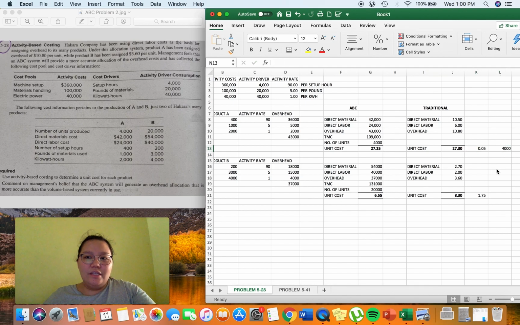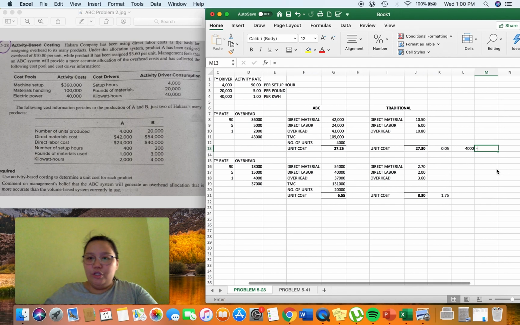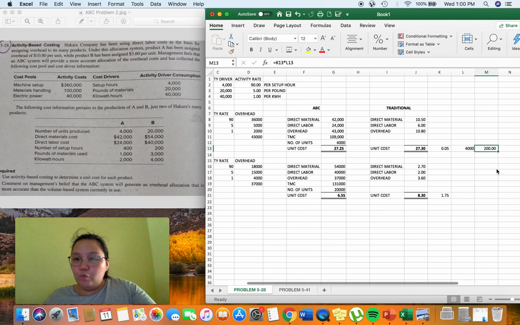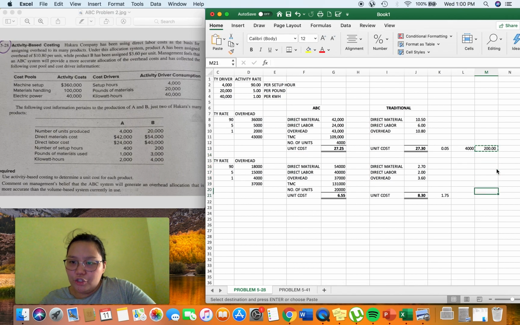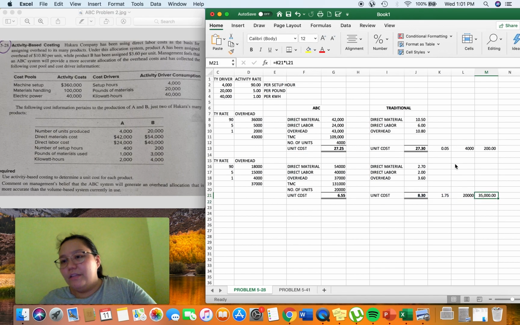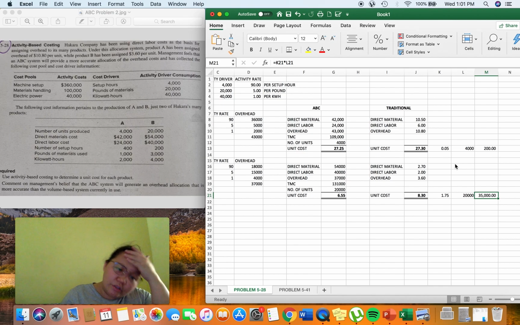The difference in the cost is only equal to 200 pesos. But since we are selling 20,000 units of product B, when you multiply 1.75 by 20,000, there is a difference of 35,000 pesos as far as the unit cost is concerned. So we can say that this is not negligible.